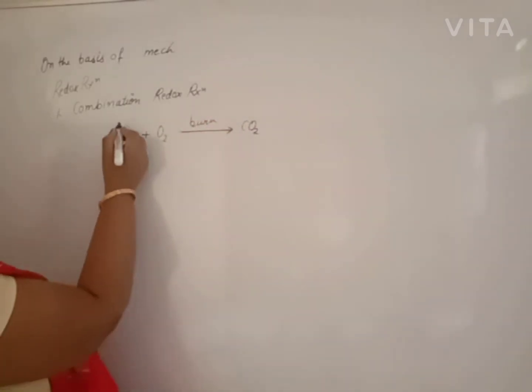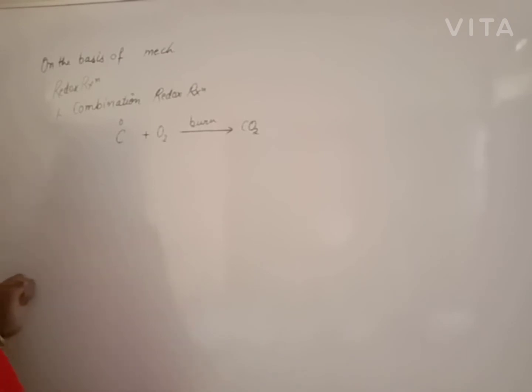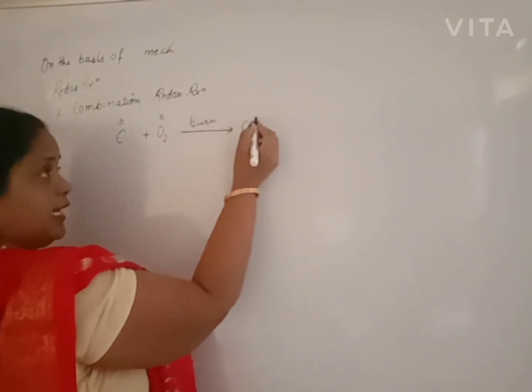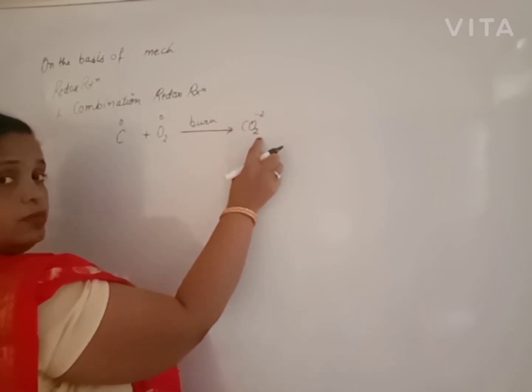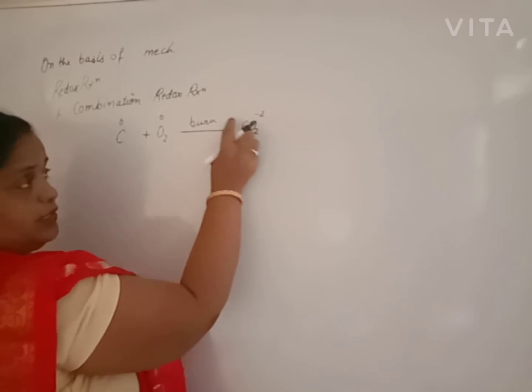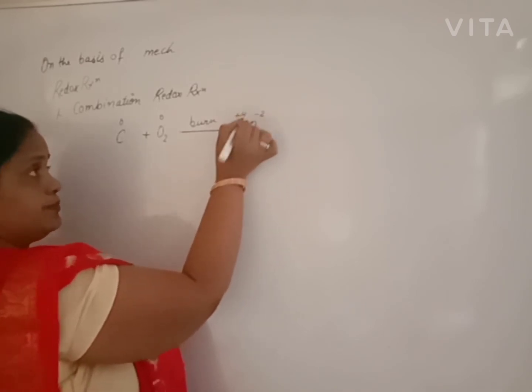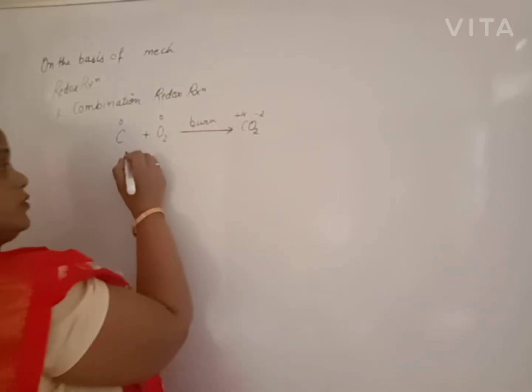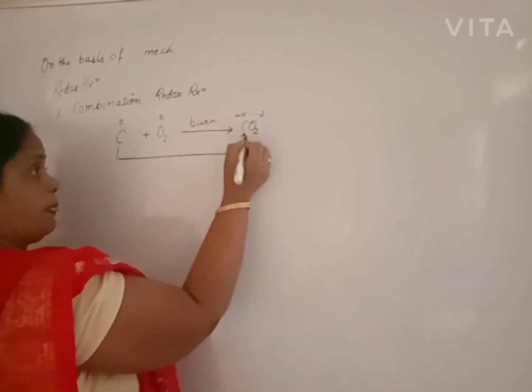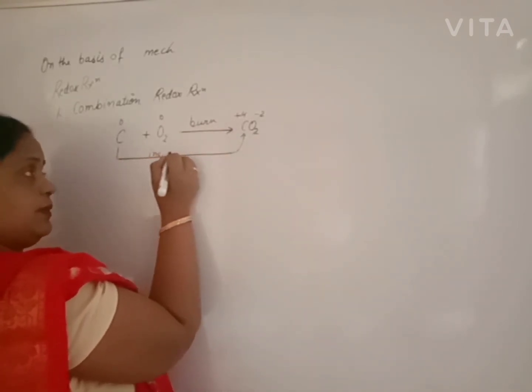Here oxidation number of carbon is 0 because of pure state. Oxygen also in pure state. Calculate the oxidation number: -2 multiplied by 2 is -4. Whole is 0. So answer is +4. 0 to +4, increase in oxidation number.